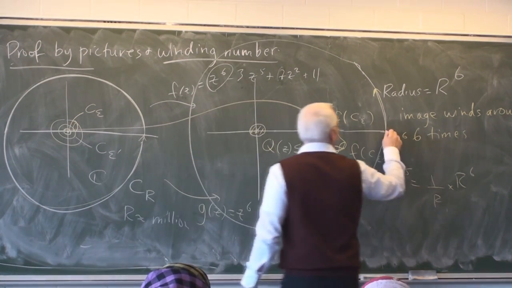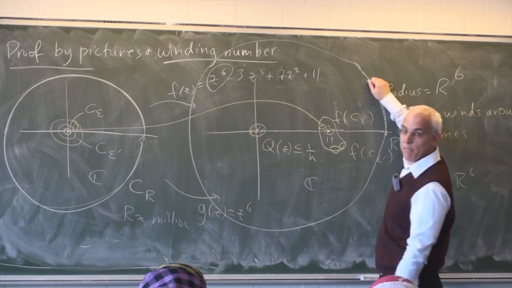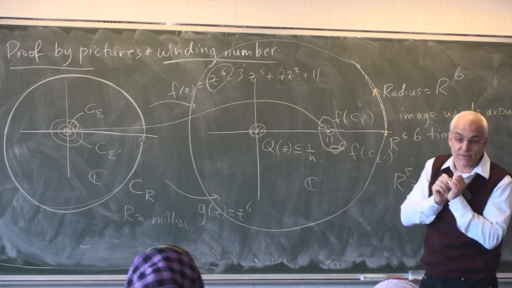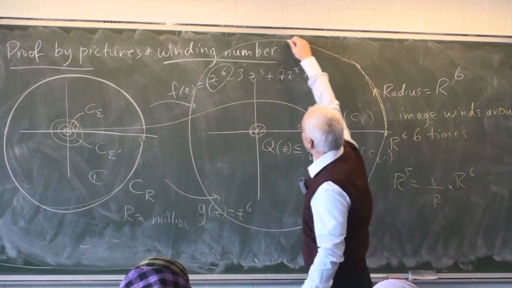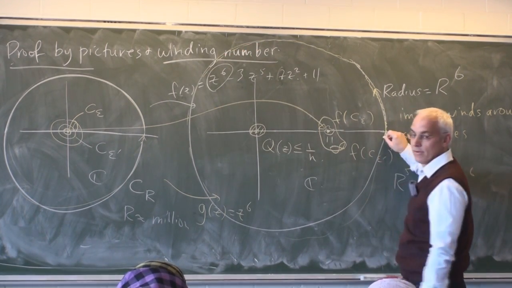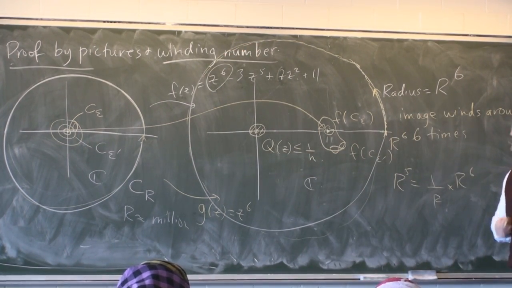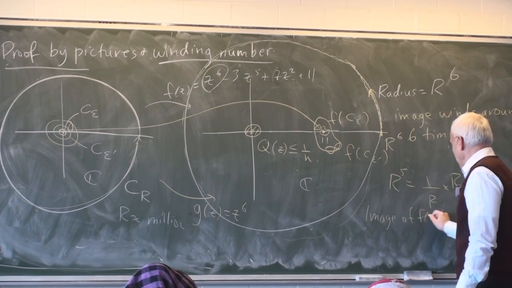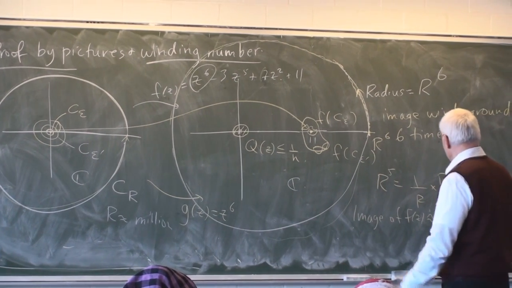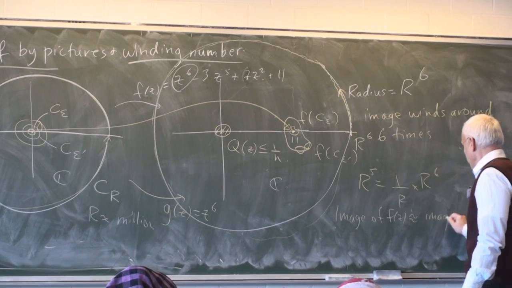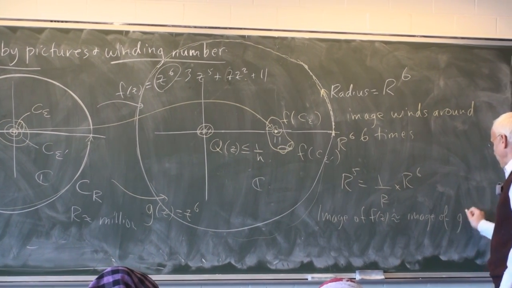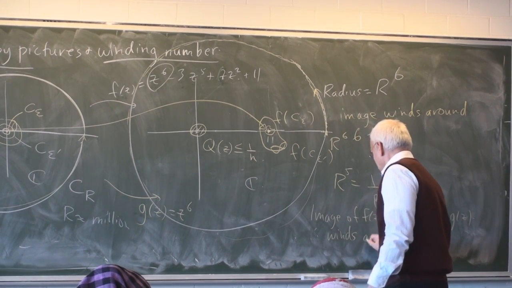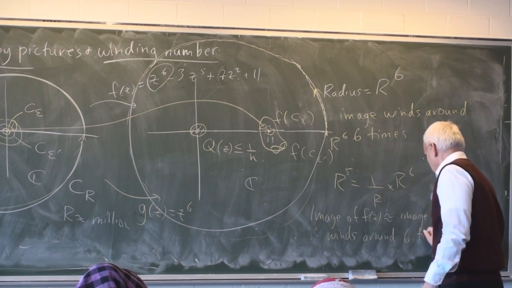The image of f of z will be just the same as the image of g of z, except that there might be some slight wiggling due to these small terms that move it around a little bit. So there's the image of f of z going around 6 times. So the image of f of z is almost the same as the image of g of z. Therefore, it winds around 6 times.